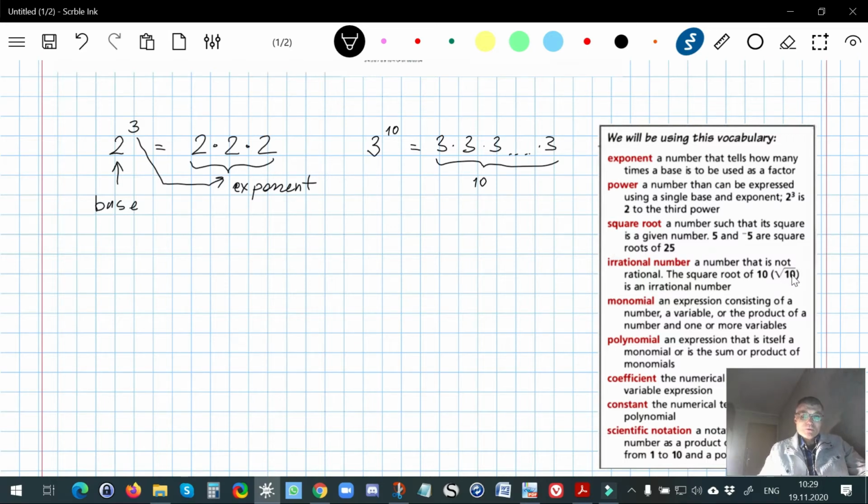Square root. Usually we don't write 2 here, but actually we write it like that. For example, the square root of 4 is 2. It's an object which, after being squared, gives us exactly what is written under the square root.